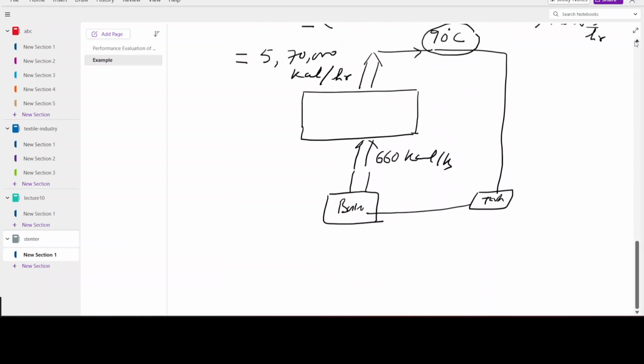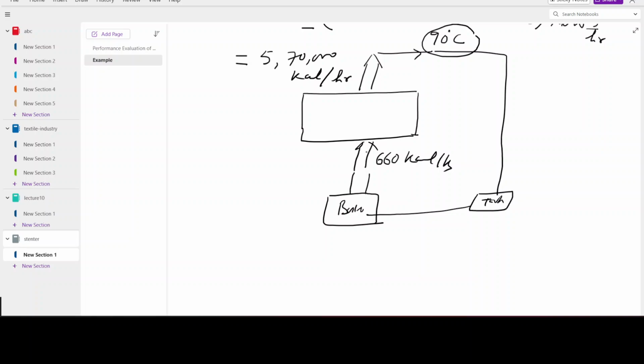So here, this portion in the process is related to the steam that is being supplied to the Stenter or dryer, and on this side we are providing feed material, and after the process we are getting the output product.